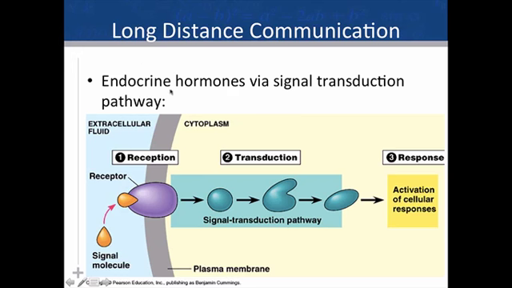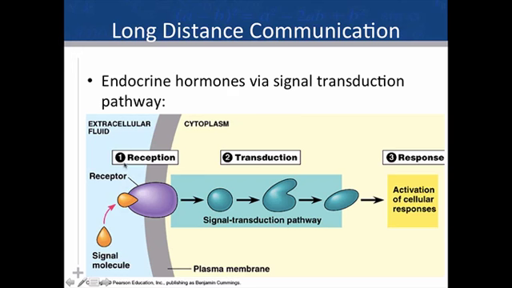Some of them are produced by a cell, but the chemical then travels to another cell, sometimes quite a distance away, and causes a reaction in the second or receiving cell. So that pathway of accepting the message, doing something with the message, and responding is called the signal transduction pathway.